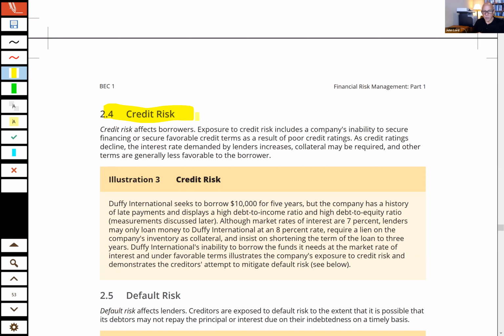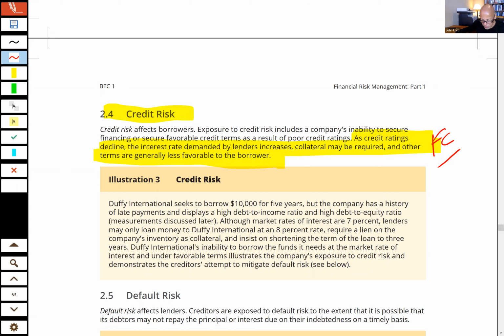If your credit is not so good, then you're not going to see as good of an interest rate. So as credit ratings decline, interest rate demanded by lenders increases, collateral may be required, and other terms generally become less favorable to the borrower. That's considered credit risk, and you can go ahead and flashcard that definition.